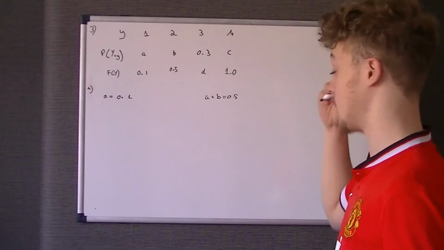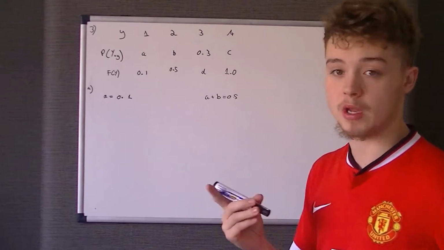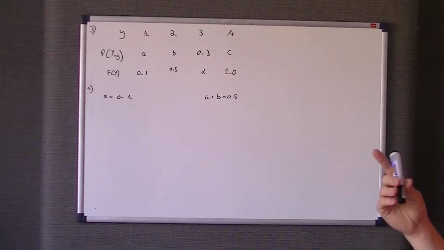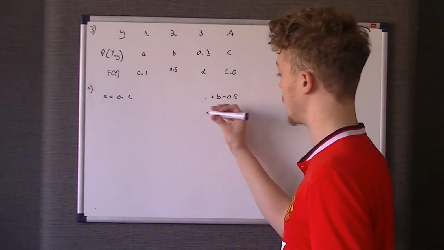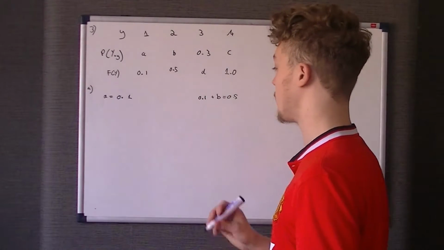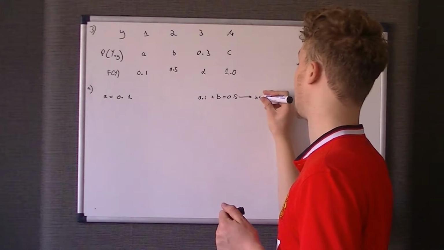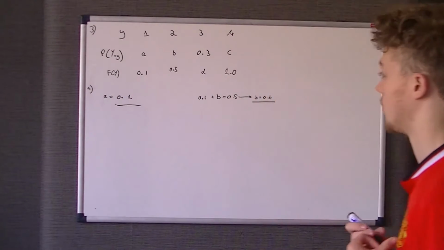We know a is 0.1, so 0.1 plus b is 0.5, and it's quite obvious that b therefore is 0.4. So we've got a and b already.